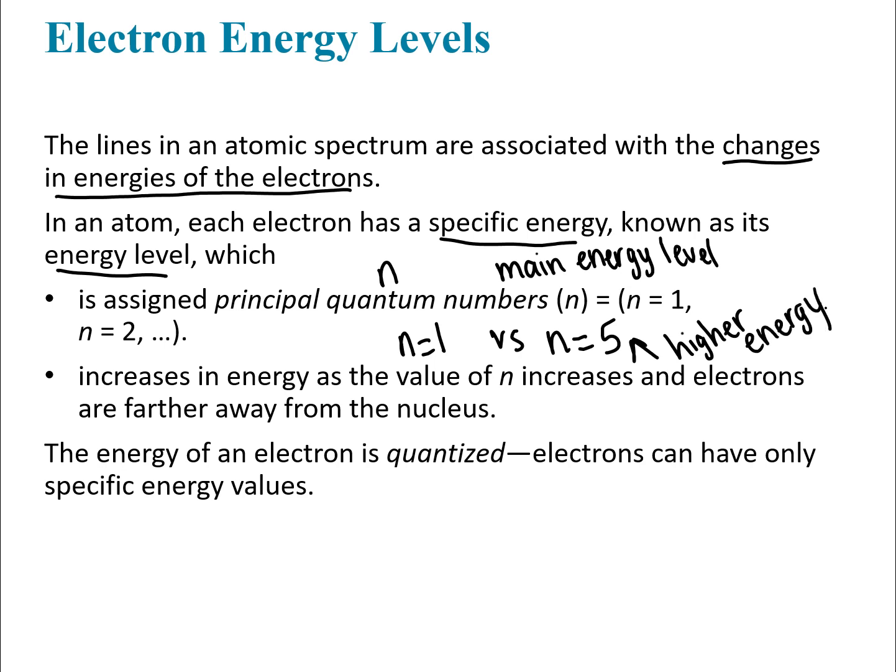This also means that the electrons are farther away from the nucleus. So the higher the n, the farther away the electrons are. I like to use an example, which is not an exact analogy, but it works pretty well. When you're 5 years old, you're not exactly going really far away from your house, right?